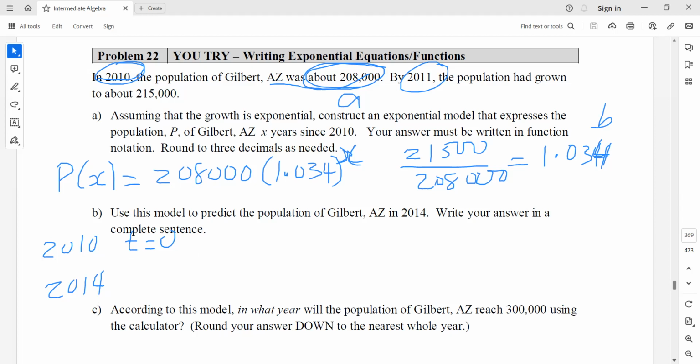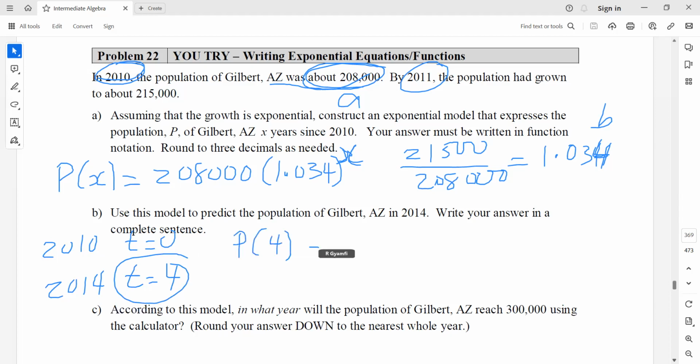It's kind of like someone is born in 2010, right? So if you are born in 2010, you are 0 years old. In 2014, how old will this person be? 4 years. So you use 4. Don't use the 2014. So T is 4, so x is 4.